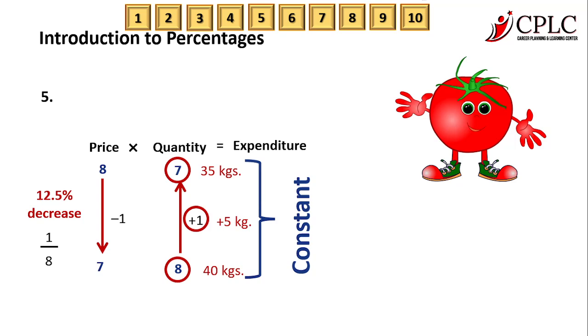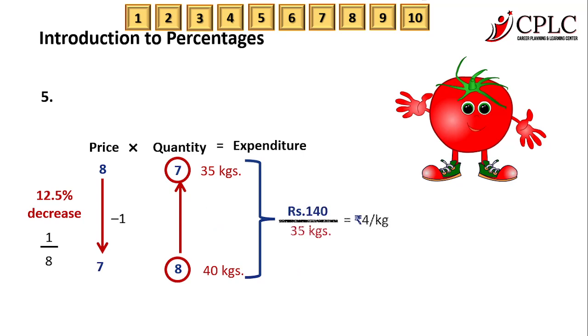But again, the question is not how many kilos she is getting, it is the original price per kilo of the tomatoes. Originally, she was getting 35 kilos, and she was getting those 35 kilos at 140 rupees. So the original price per kilo becomes 4 rupees, 140 divided by 35.